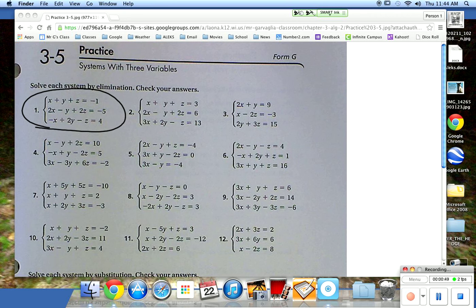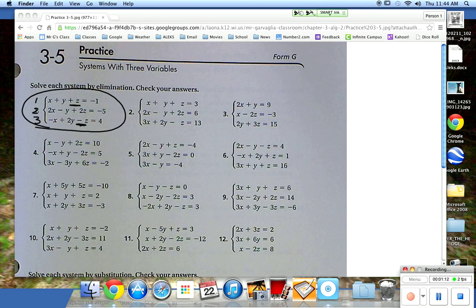All right, you always work off 2 equations. You can call this 1, 2, and 3. In this case here, if you notice, I've got a plus z and a minus z. All right, I would add my first one to my third one, wouldn't I? Well, sure I would.